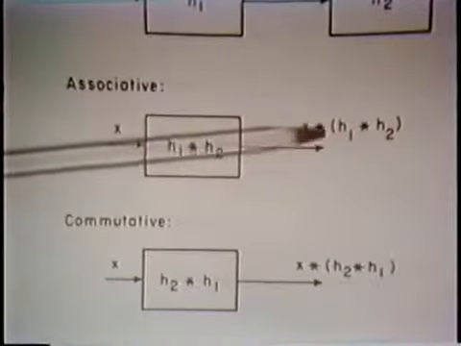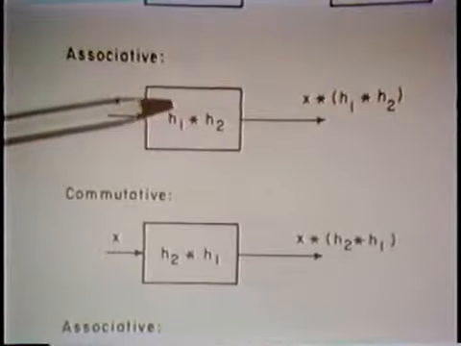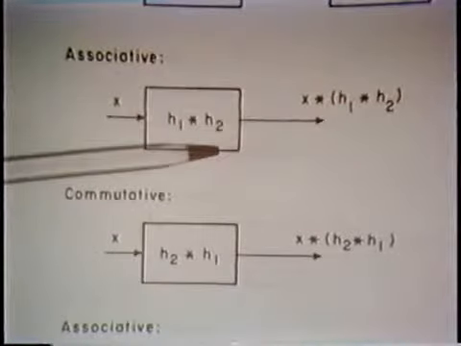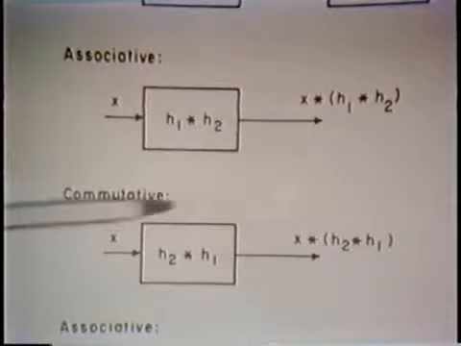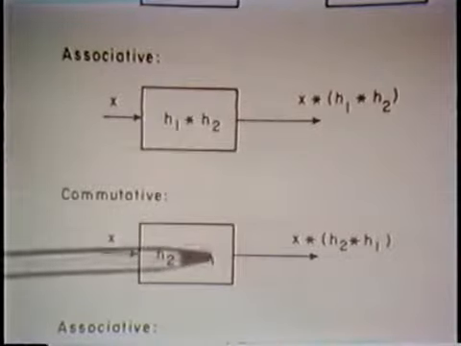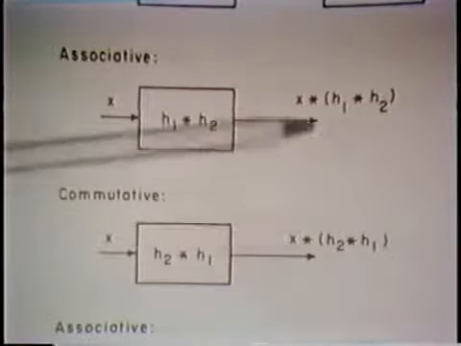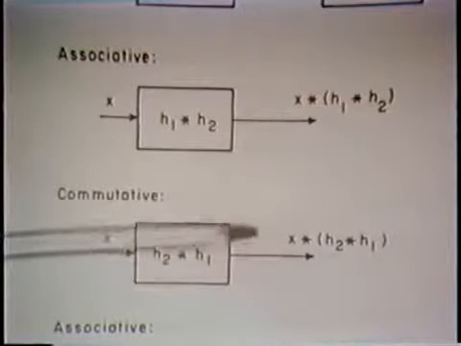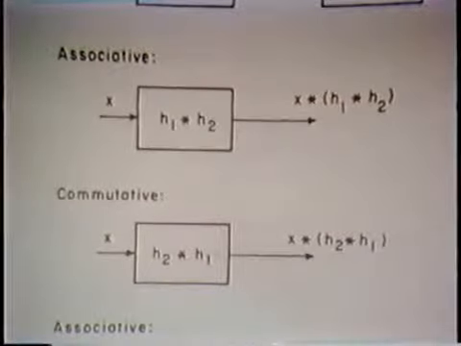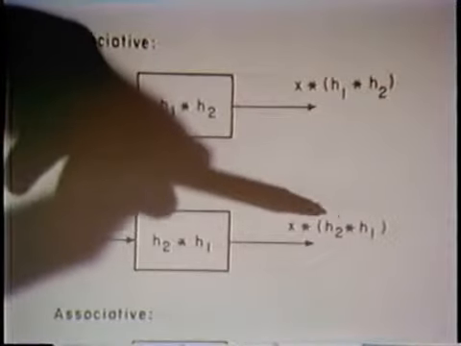Next, we can apply the commutative property, and the commutative property says we could write this impulse response that way, or we can write it this way, and since convolution is commutative, the resulting output will be exactly the same, and so these resulting outputs will be exactly the same. And now, once again, we can use the associative property to group these two terms together.